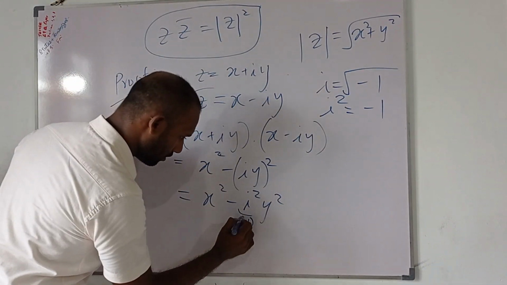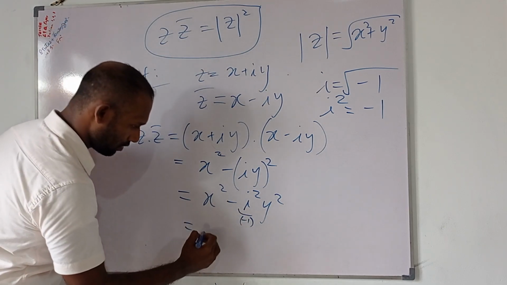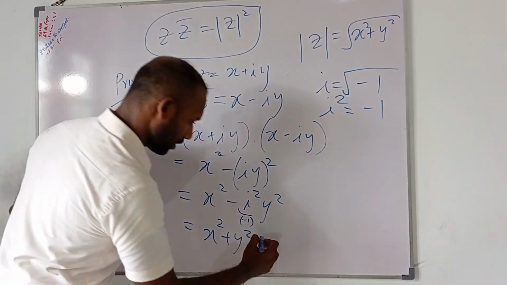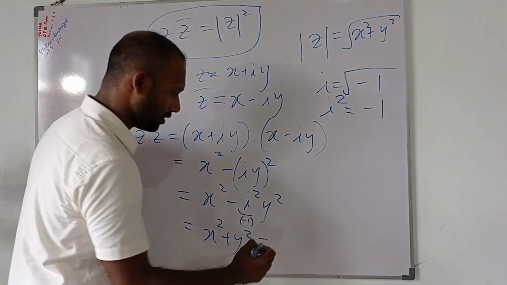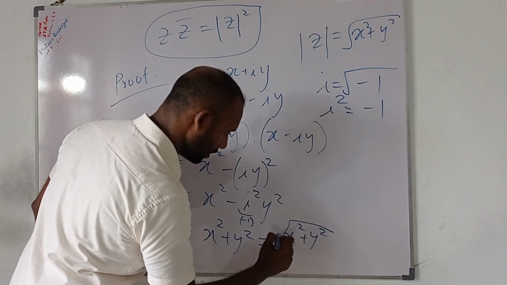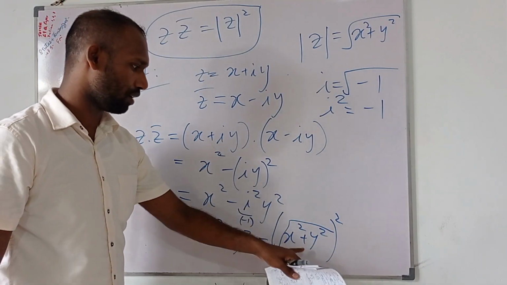So minus times minus is plus, x squared plus y squared. So we can write this as the square of the square root of x squared plus y squared.